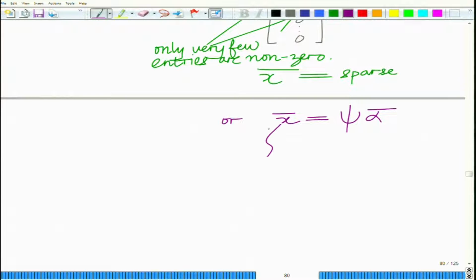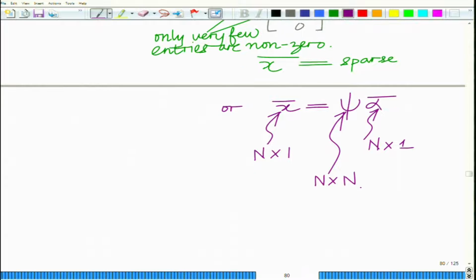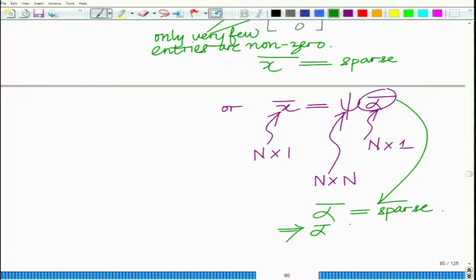So, x bar is n cross 1, this alpha bar is n cross 1, and psi is an n cross n basis, such that alpha bar is a sparse vector, that is, alpha bar has very few non-zero entries.